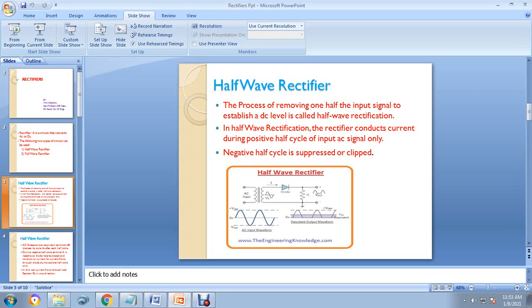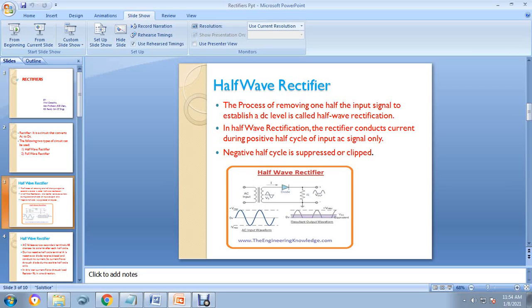Here let us assume there are two points: point A at the starting of the diode, and point B at the bottom. When I apply the analog voltage, let us consider that when the positive half cycle is given to the transformer, terminal A becomes positive and terminal B becomes negative.